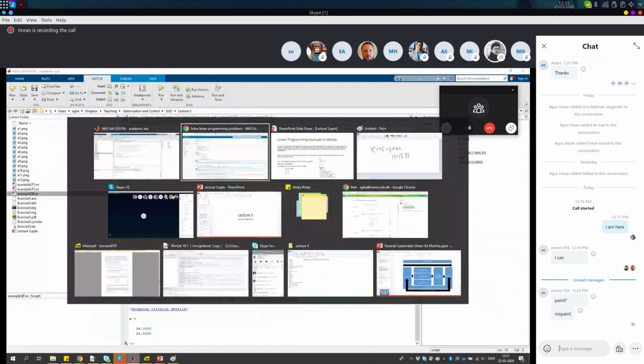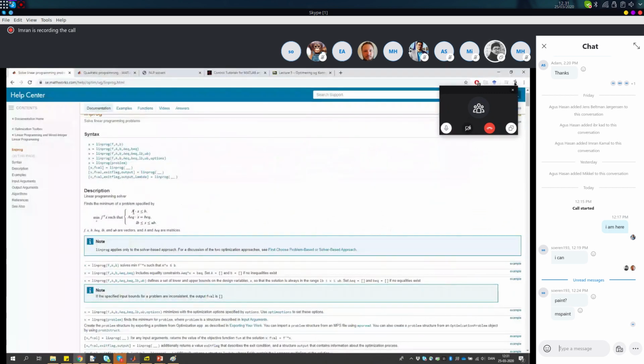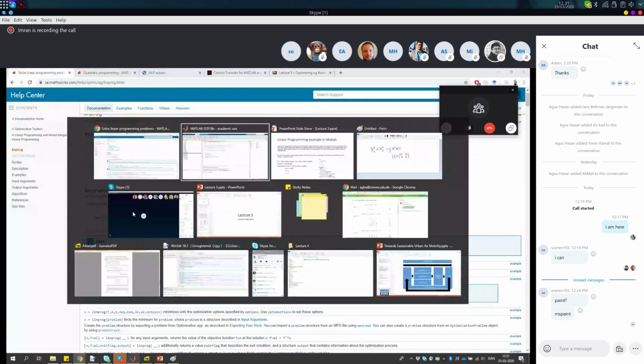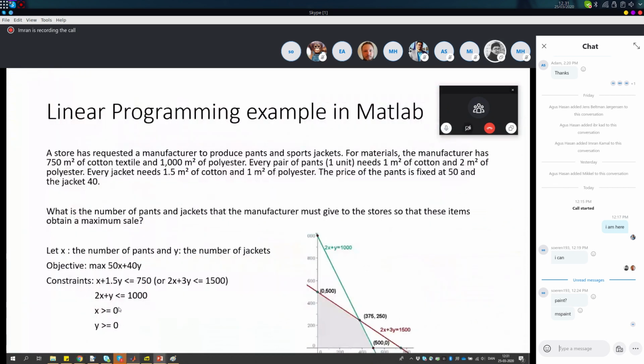There are two ways to write this matrix A. The first one, if we look into the problem here, we can say that matrix A is a matrix with the size 4 times 2. So the first row will be 1 and 1.5.